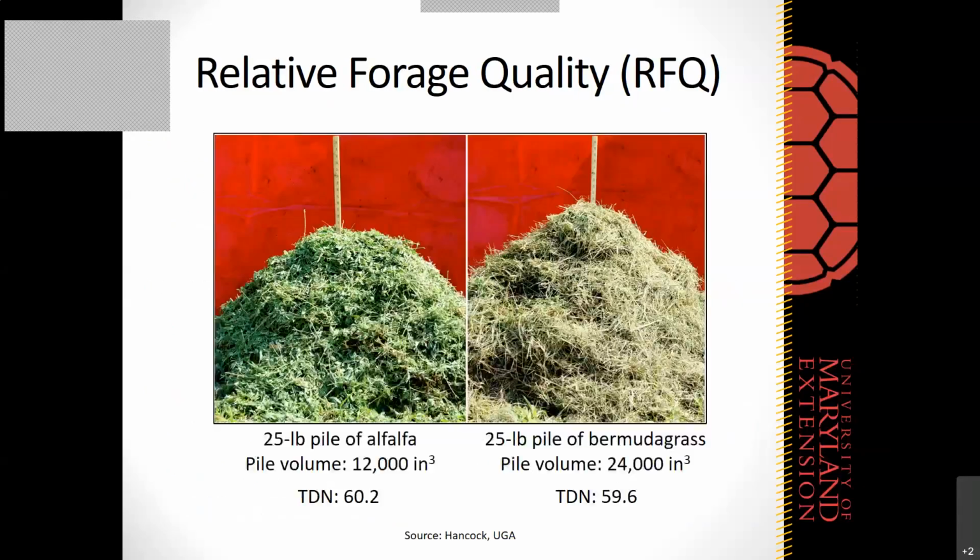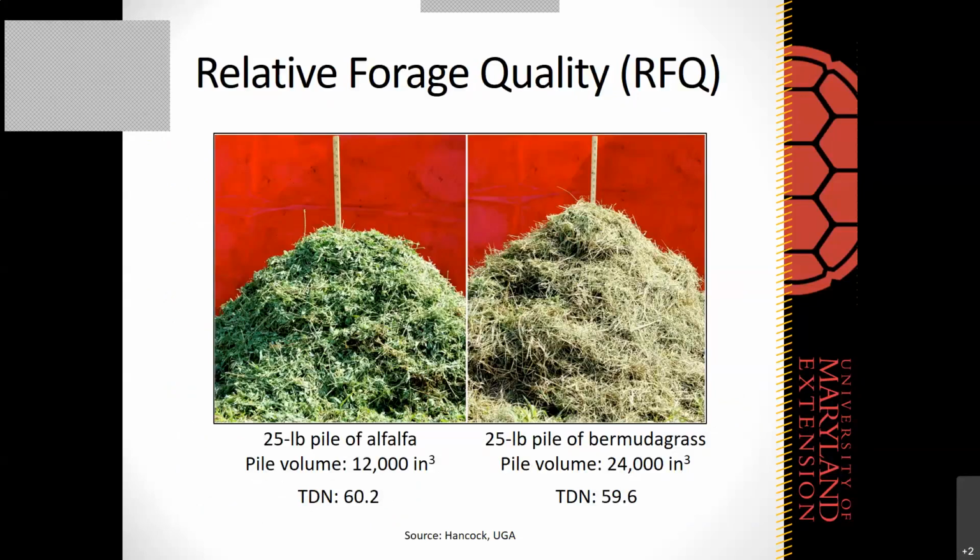To visualize that a little better, say we have two piles of hay that are the same weight. On the left we have a pile of alfalfa, on the right a pile of Bermuda grass. You can see that the energy content based on the weight is very similar. We have a TDN right around 60 for both piles of hay.